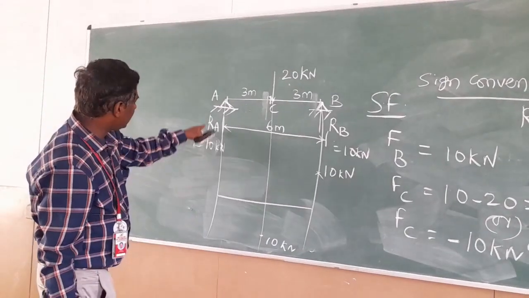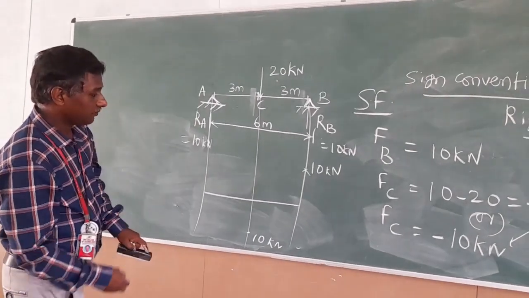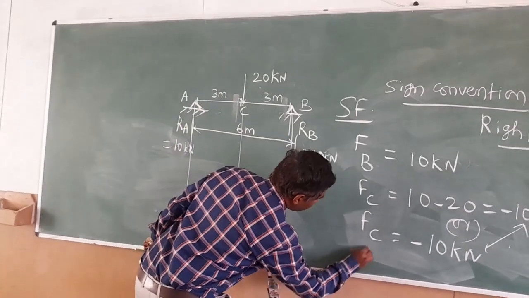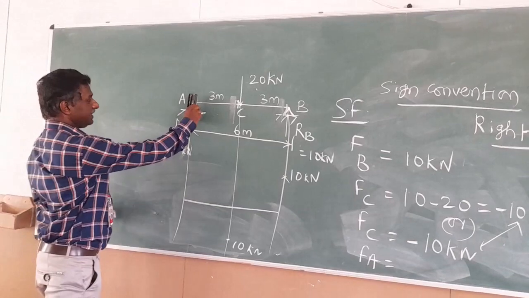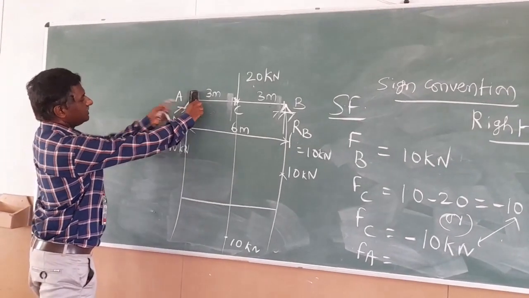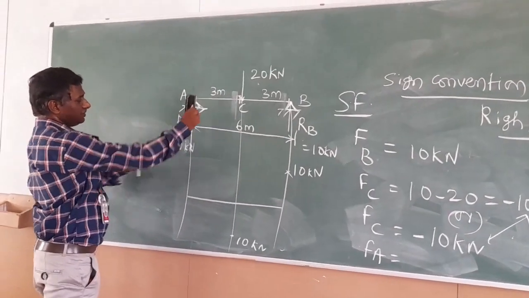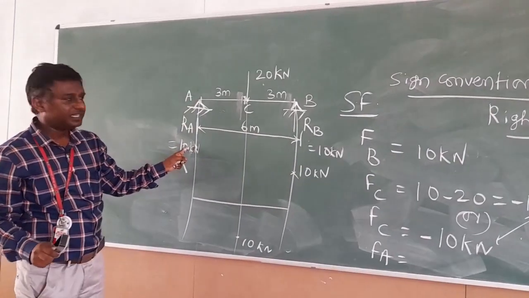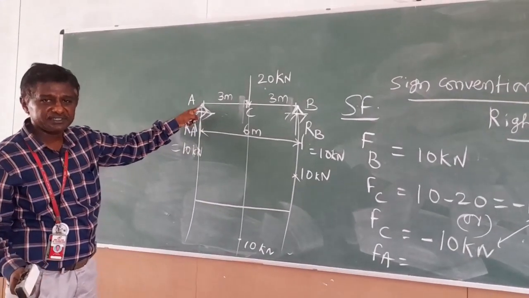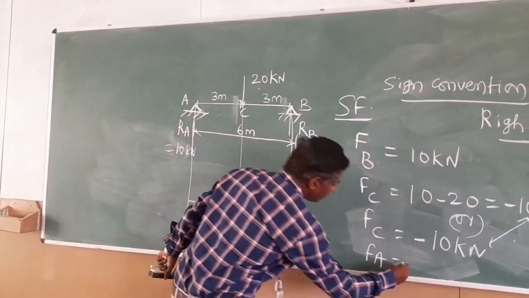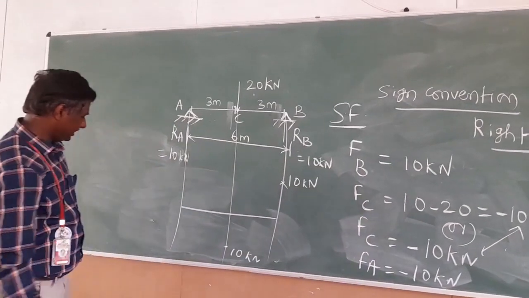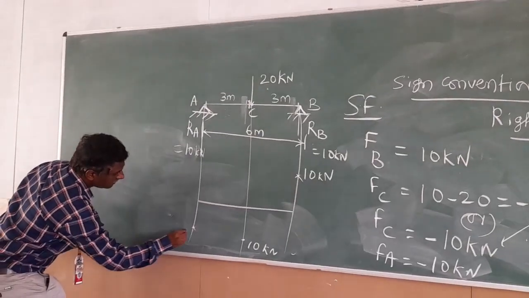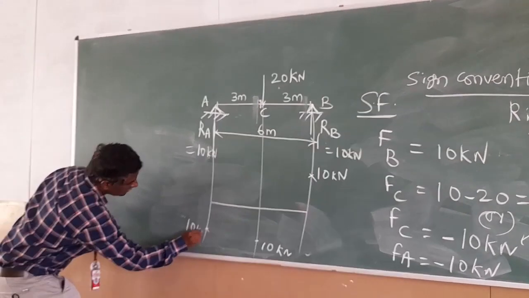And what is FA? We have not yet found FA. Just take FA here. Right or left, you have only one force, it is RA. It is left up, and left up is negative. So FA is also minus 10 kilonewton.